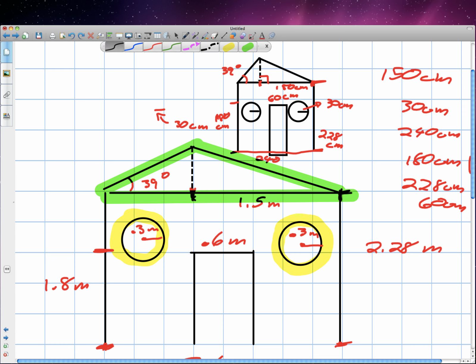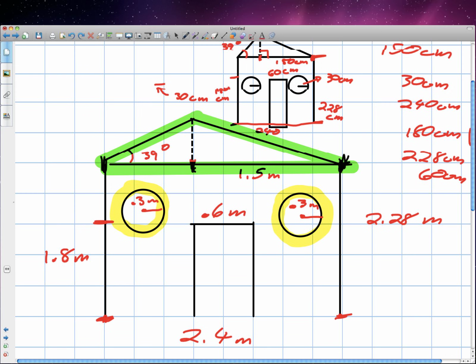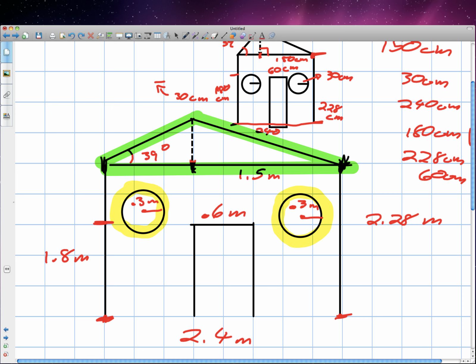From here to here? What is it? 2.4. It's the exact same as the bottom of the shed. Very good, okay? This number here is really irrelevant for what we're doing. It was kind of just there to confuse you, okay? This was what's important. So the width or the base of this triangle is still 2.4 meters.